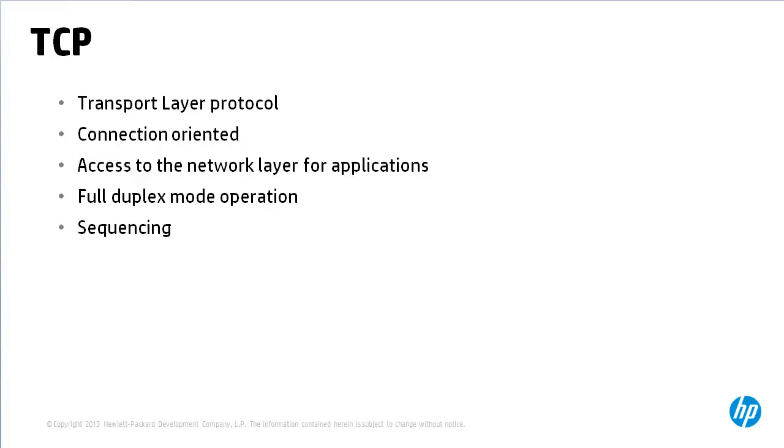TCP segments are sequenced to ensure that the destination knows the correct order of segments received. If segments arrive out of order, they need to be reordered, and sequencing allows for reordering of the segments into the original order. Sequencing also allows the destination to determine if data is missing.